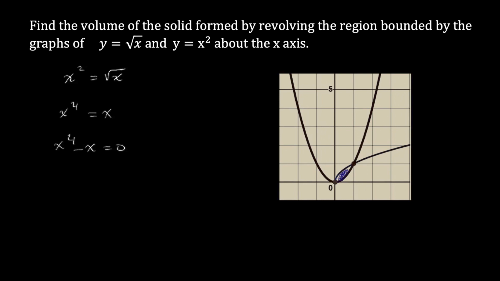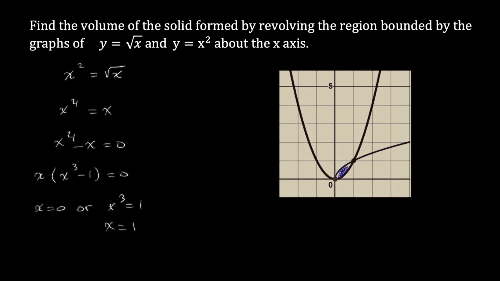Taking x as a common factor, we say x bracket x cubed minus 1 equal to 0. And you can get that x is equal to 0 or x cubed equals 1, which means that x is equal to the cubic root of 1, which is 1. We found the points of intersection between the two curves, which is at x equal to 0 and at x equal to 1. And then we can apply the same procedure we did in the previous question.